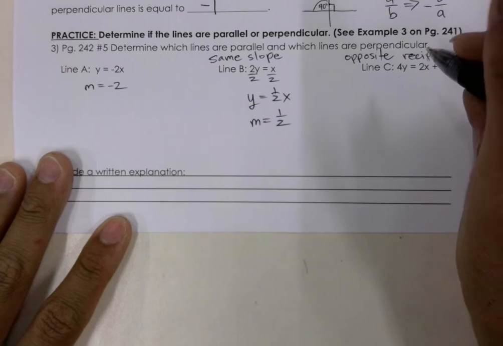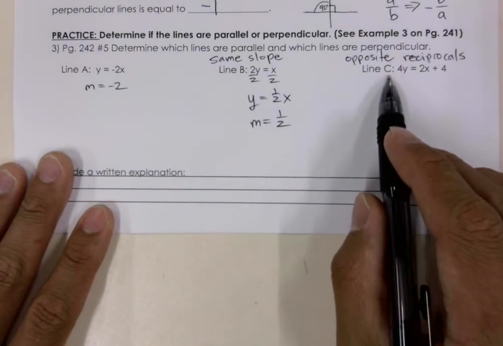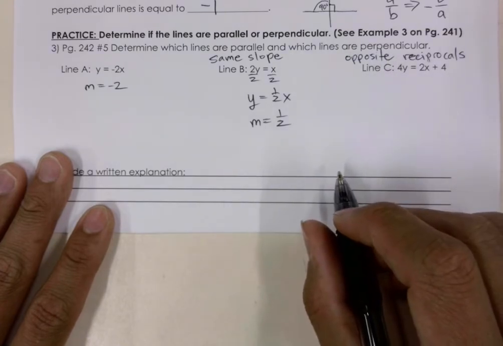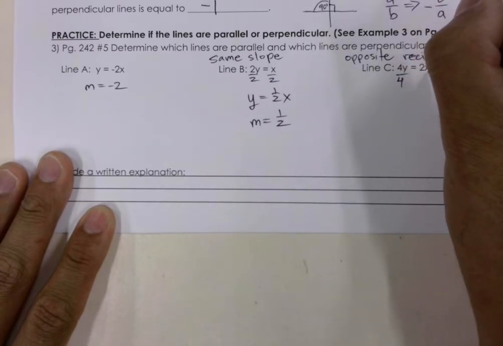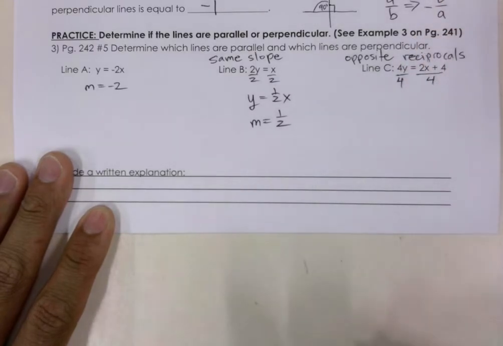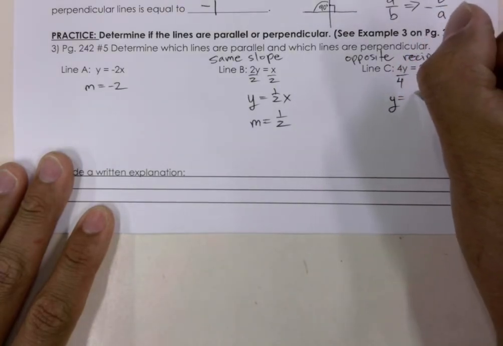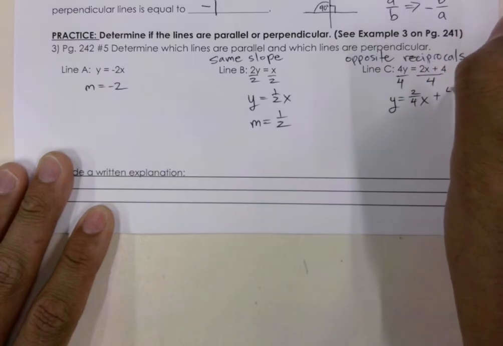Line C needs a bit of work as well. We need to get the y alone, isolate the y. So to do that, we're going to divide both sides of the equal sign by 4. And what we're left with is y is equal to 2/4x plus 4/4.